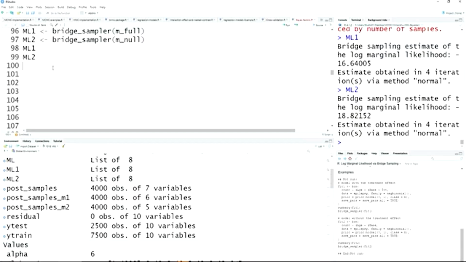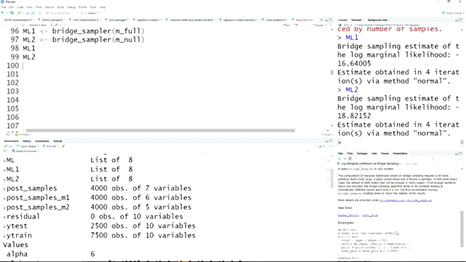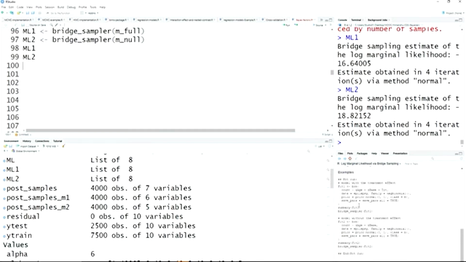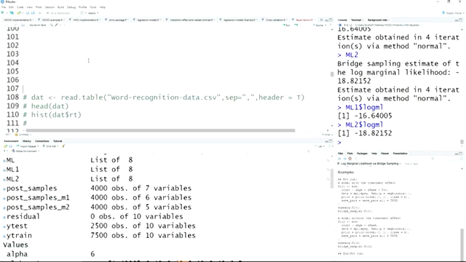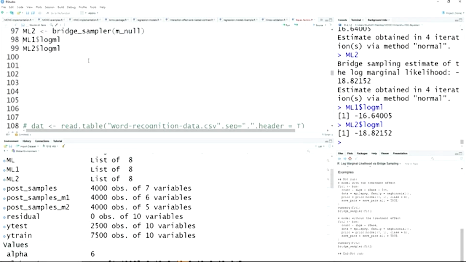There should be a function to calculate their overall. Yes, log ml. This is log ml of model 1. This is log ml of model 2, right? If you want to calculate Bayes factor, then it would be exponent of log marginal likelihood of model 1.